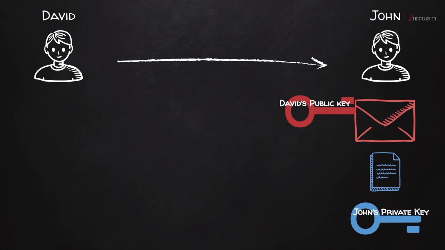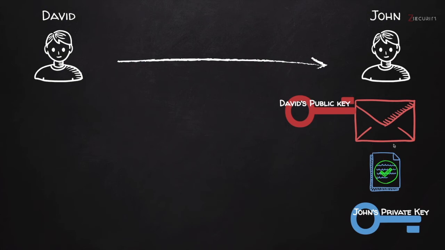If the message was not modified, the verification will be successful, and this way John will know that this message was actually sent by David and was not modified by anybody, because like I said, if one letter gets modified, David's public key will not verify the signature.